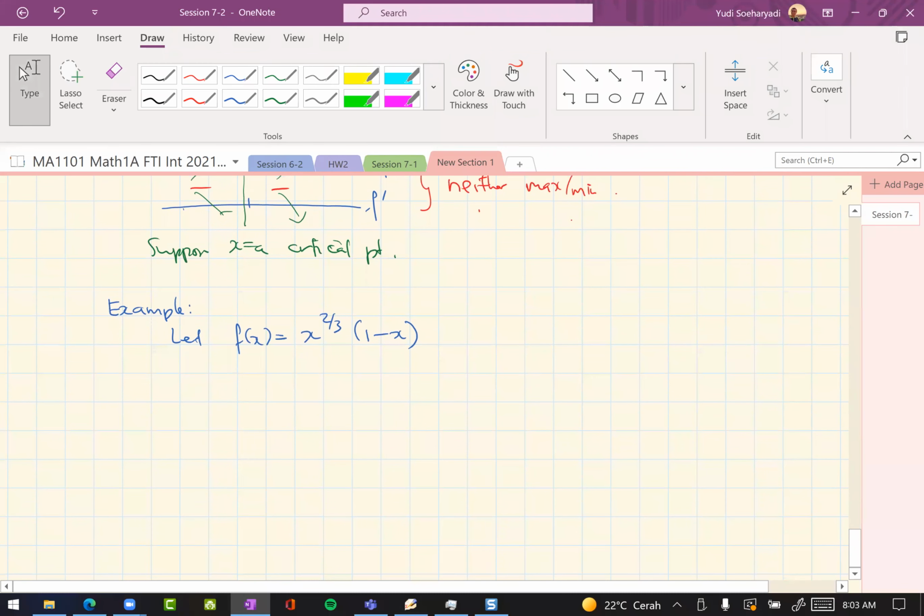The question is, first, find all the critical points and their types. Then state the intervals of monotonicity.